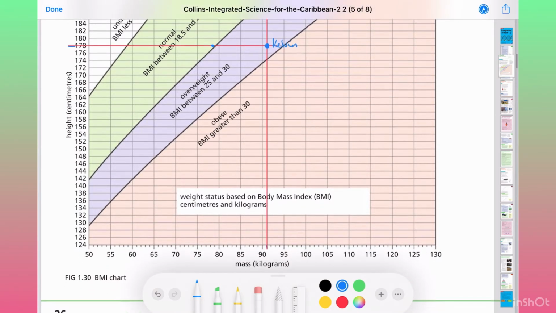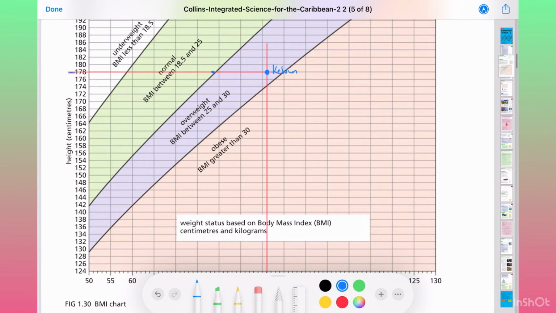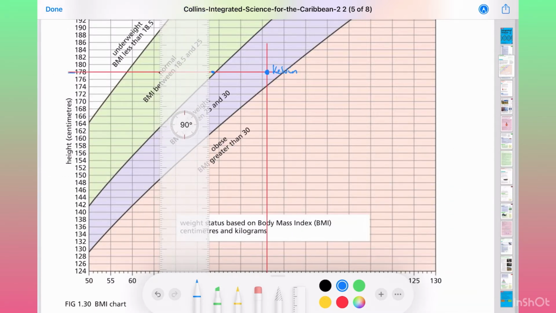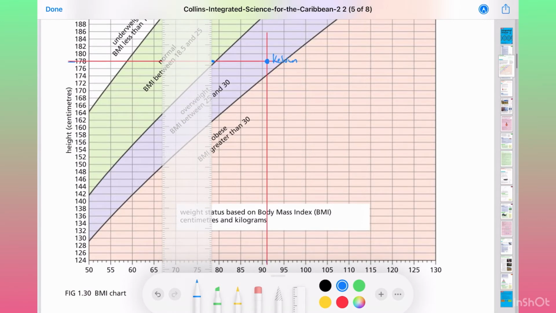That is going to be the minimum value. So in order for Kelvin to reach borderline normal, if I go here, which is 79, you can use that as an answer. It's borderline. So you can say either 78 or 79.